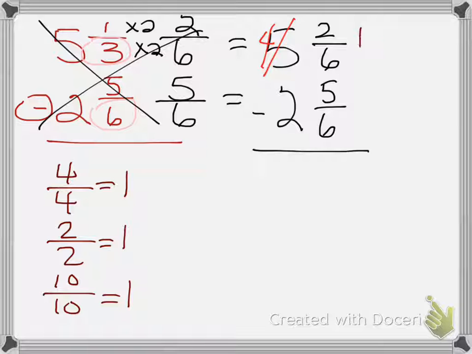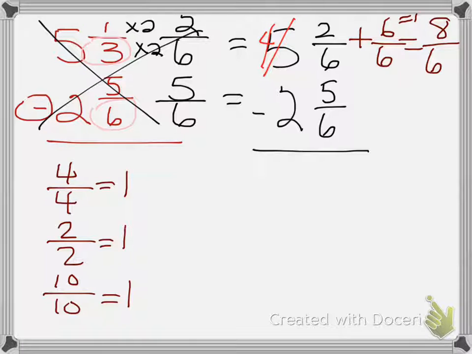I want to borrow it in sixths. So I will write 6 over 6 because that equals 1. And that is what I borrowed from my 5. What I'm essentially doing is boosting this top fraction up. We have a common denominator of 6, so I'm going to add the numerators. 6 plus 2 is 8.